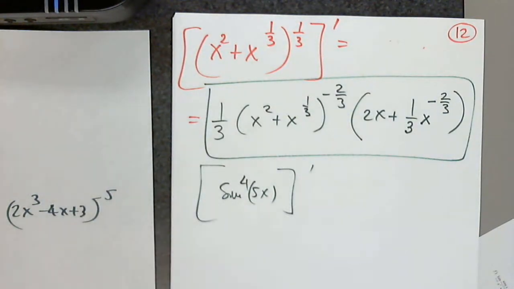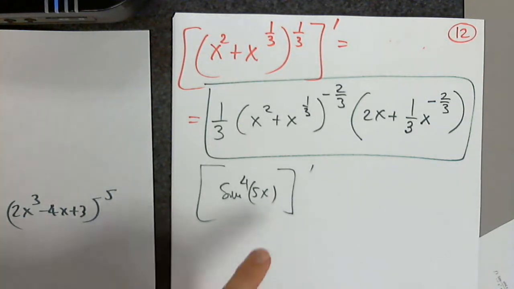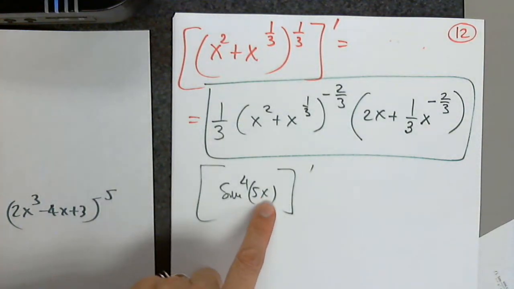How many functions do I see here? I see power 4. I see function sine. And I see function 5x. So I see power 4 is the outer. Then the next level is sine. And then the innermost is 5x. Right? Because if I ask you to evaluate this function for x equals 1, you will first have to perform 5 times 1. Then you will have to apply sine to that.